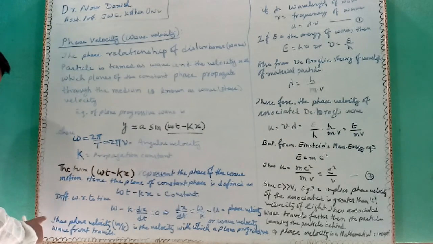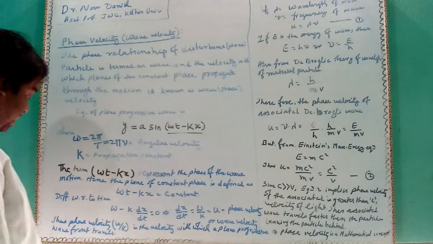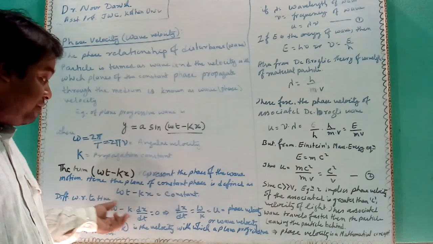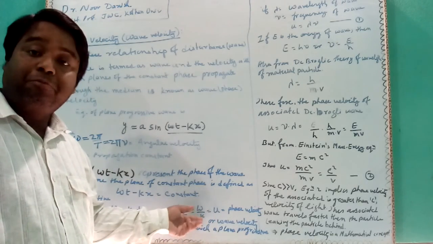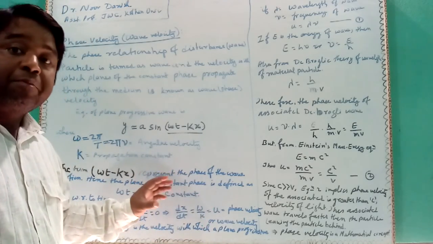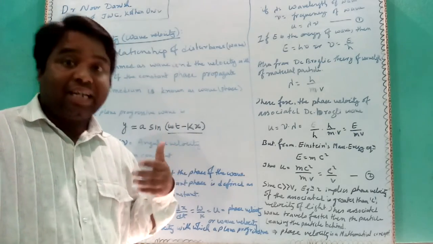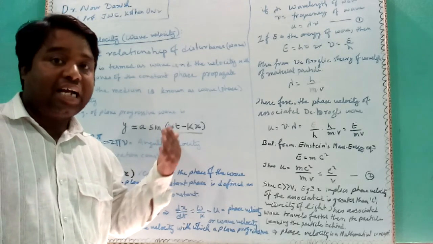Thus the phase velocity ω/k is the velocity with which a plane progressive wave front travels. Thus what I am finding? A velocity u given by ω/k is the velocity with which my phase is propagating. Now there is a question whether the particle is propagating with the same velocity or with a different velocity from the phase.